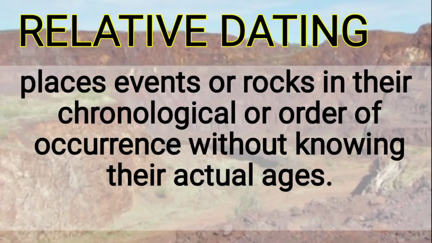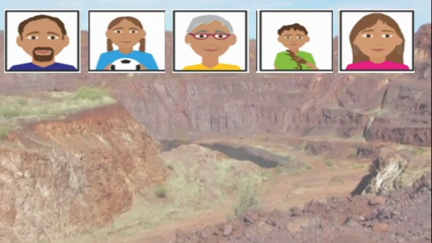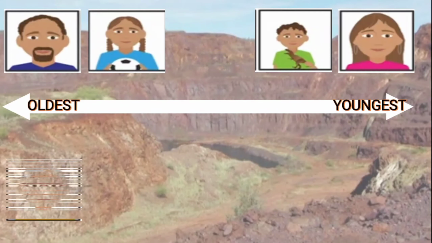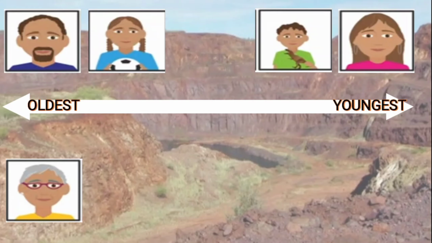Let us start with the relative dating. When we say relative dating, these are the placing of events or rocks in their chronological order of occurrence without knowing their actual ages. So we are only talking about the chronological order and not their actual age. Example, look at this family. Can you put the family members from oldest to youngest? Grandparent is going to be the oldest, absolutely, of course, because she is a grandma.